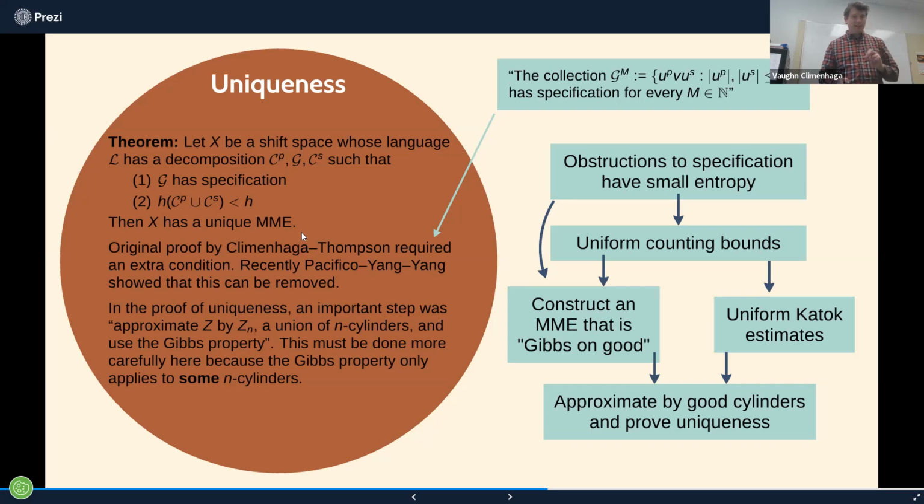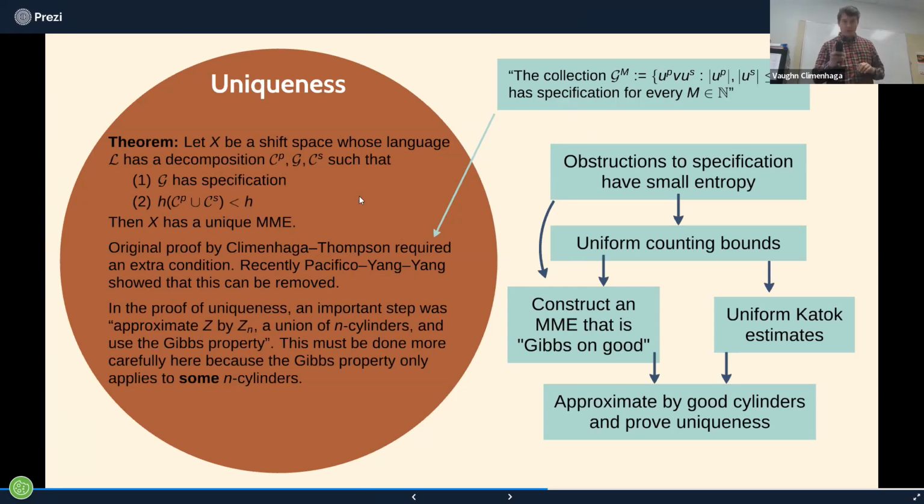I should mention that when Dan and I originally proved this, we required an extra condition, which was very annoying, and I don't like it, so please don't look at it because you don't need it. There's a recent improvement of this result due to Pacifico, Yang, and Yang, where they gave an argument showing that you can actually remove this extra condition and prove the theorem as it should be.